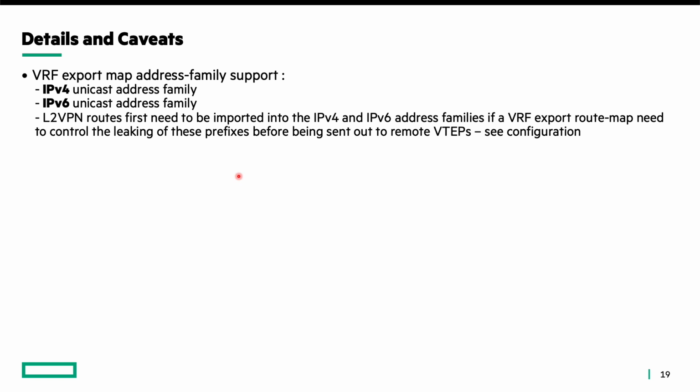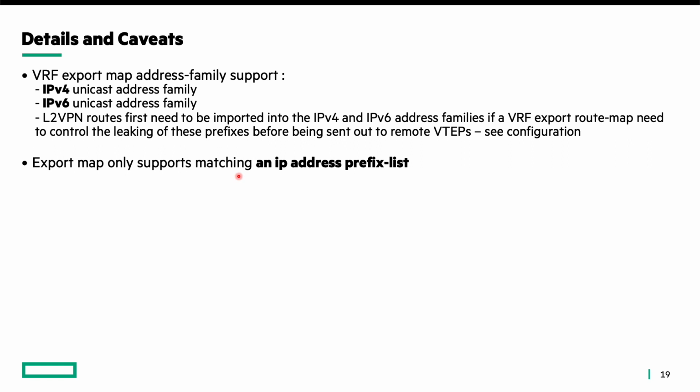For layer 2 VPN, you don't find a command in the layer 2 VPN, but we need to go through the IPv4 and IPv6 address family using import and export. Also with the layer 2 VPN address family, we can control the leaking of routes exchanged through L2 VPN as well. So BGP VPN.